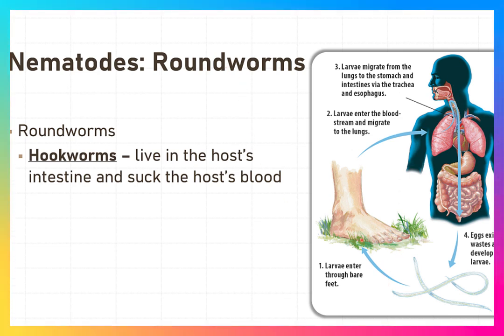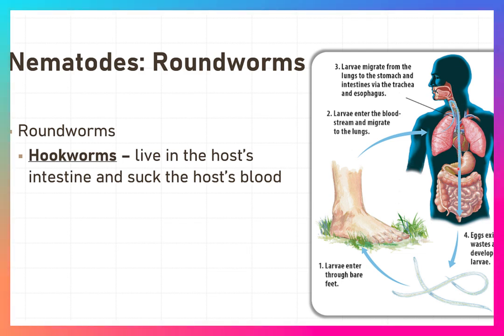They start out as larvae in pastures and so forth, and they go up through bare feet, which is why they tell you when you're in the pasture for horses and cows not to walk around in bare feet. They get into the bare feet. The larvae pass through the bloodstream, migrate to the lungs, where they are ultimately coughed up and then swallowed.